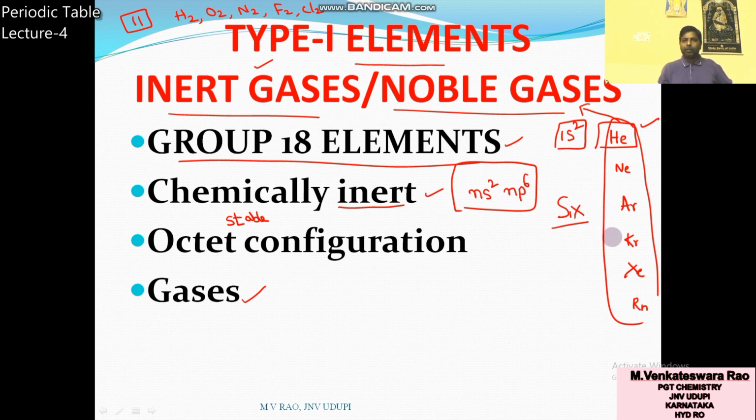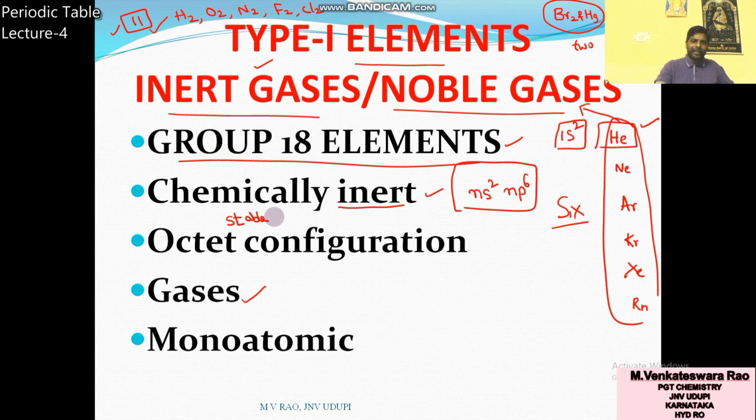Along with these 11 gaseous elements, 2 elements are in liquid state, bromine and mercury. So 11 gaseous plus 2 liquid is 13. The remaining elements are all solids.